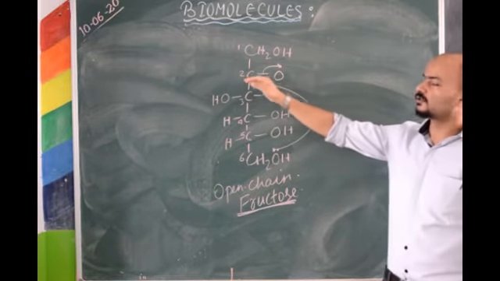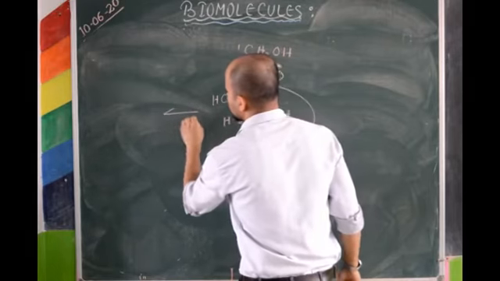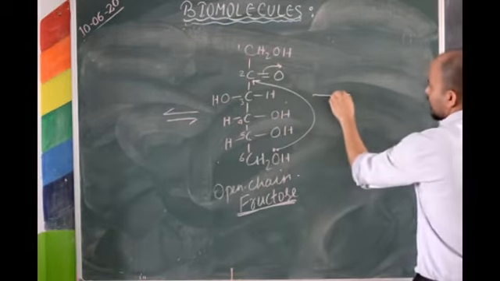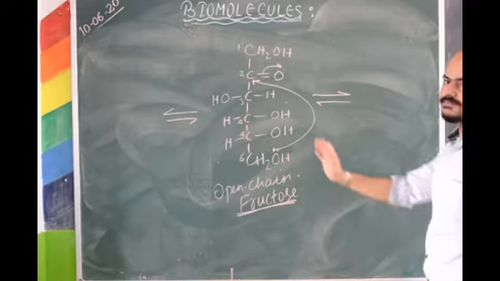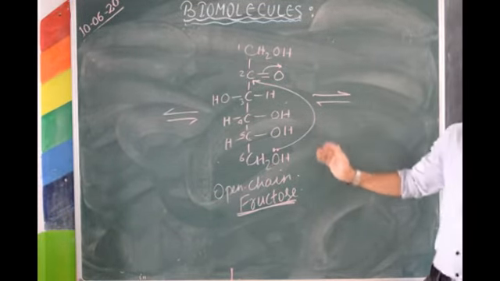Therefore, let me write the structure on this side. As in the case of glucose, you have two different structures, alpha and beta.